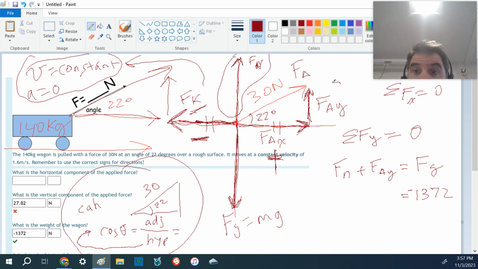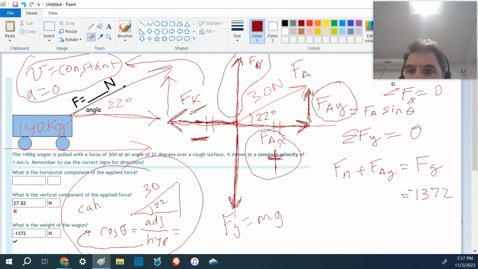Fay is the vertical component. Fax is the horizontal component, right? So the vertical component, Fay, is going to be Fa times the sine of, not 32, but of 22, Fa sine theta.